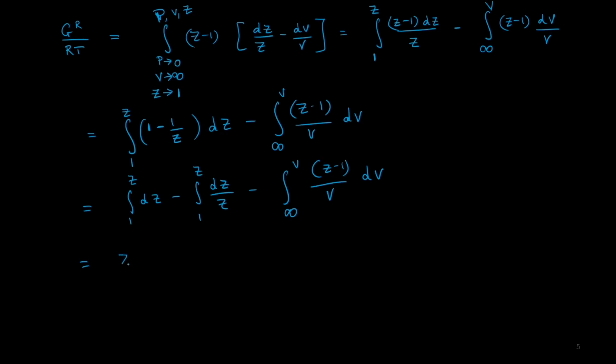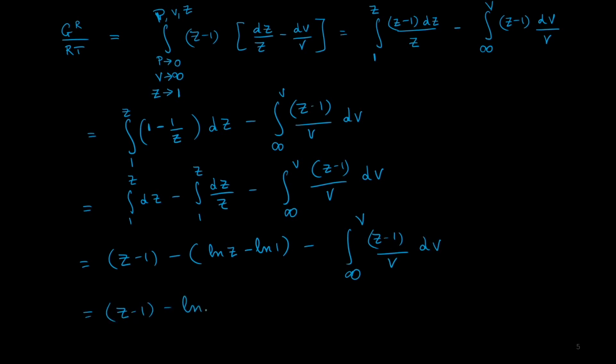The first term is Z minus 1, the second term is ln Z minus ln 1, minus the integral from infinity to V, (Z minus 1) by V dV. So this is Z minus 1 minus ln Z minus the integral of infinity to V, (Z minus 1) by V dV.